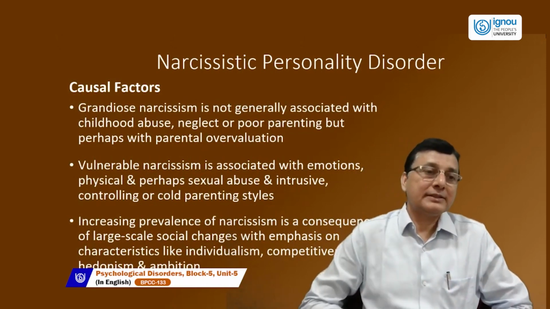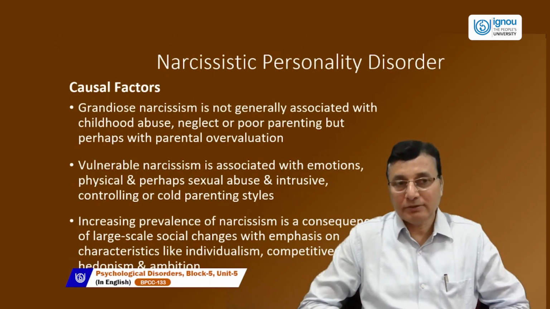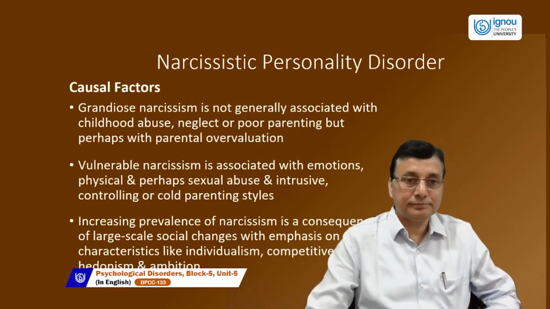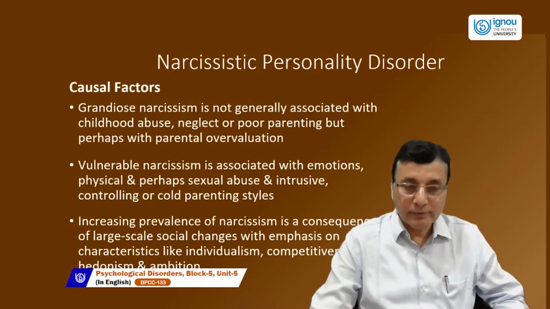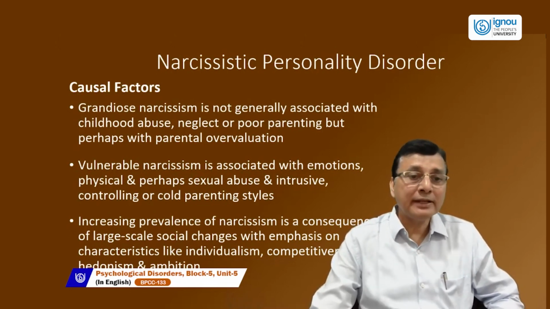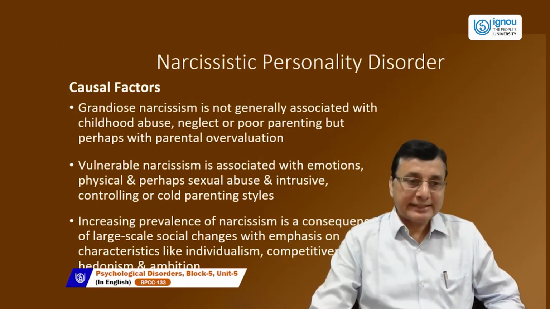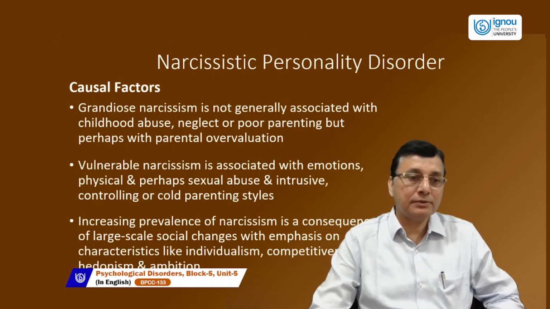The causal factors: grandiose narcissism is not generally associated with childhood abuse, neglect, or poor parenting, but perhaps with parental over-evaluation. So generally parents overvalue them. Vulnerable narcissism is associated with emotional, physical and perhaps sexual abuse, and intrusive, controlling or cold parenting style.